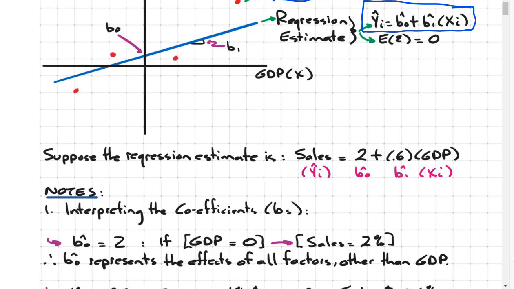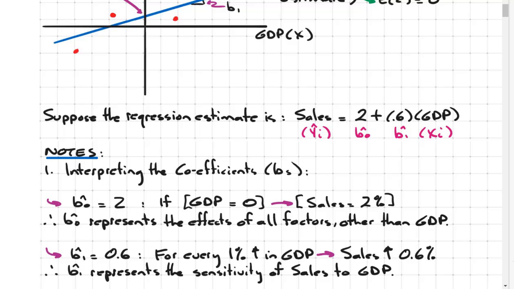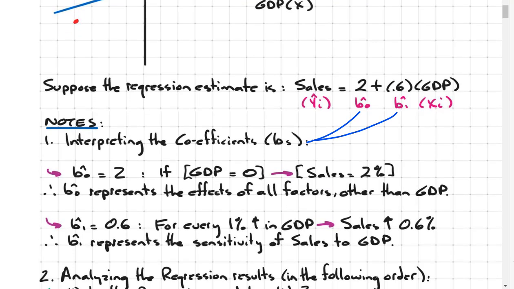Now let's suppose we're given some values for these. Instead of the generic y hat, that would be sales because that's the dependent variable. And let's suppose our estimate for the intercept, B0, is 2 and the estimate for the slope coefficient is 0.6, and there's your GDP. So how do we interpret these data points or these coefficients, if you will? The coefficients specifically refer to the b's, so that would be the intercept term and the slope coefficient.